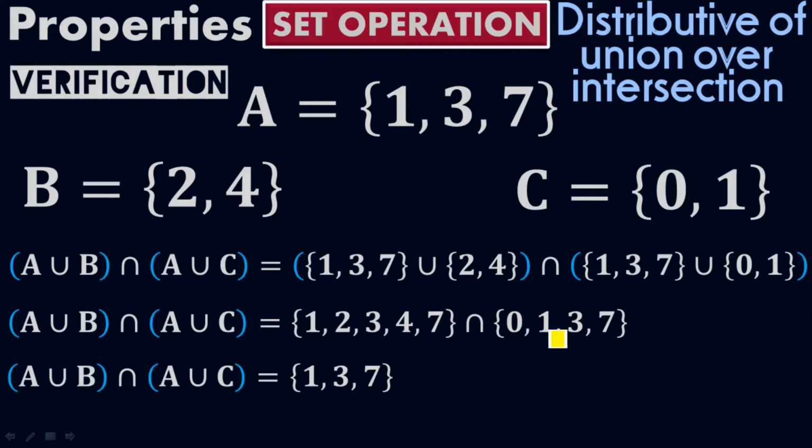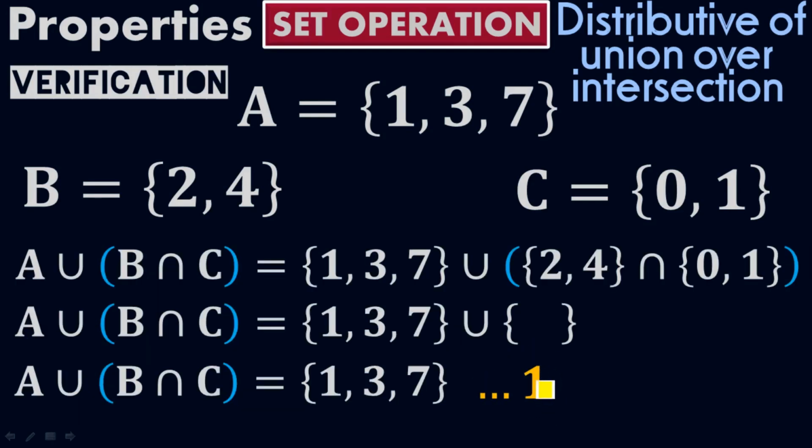So we take {1, 3, 7}, which is the intersection of these two sets. This is the final answer for the right side, (A union B) intersection (A union C). Let me give it the name equation number 2.